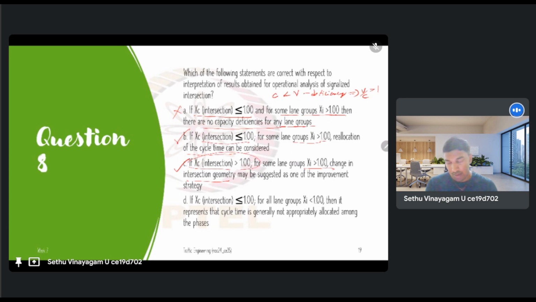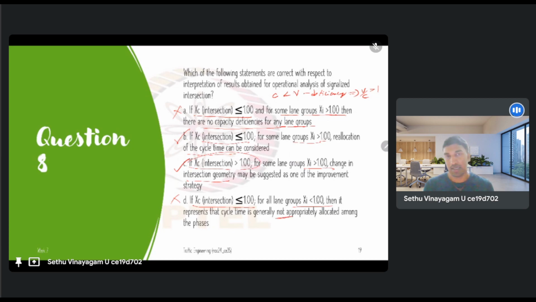And D, if Xc is less than 1 for all lane groups, Xi is also less than 1, then it represents that cycle time is generally not appropriately allocated among the phases. This is incorrect because the intersection is also fine, right? So every lane group is also fine, right? Which means our cycle time is fine, so it's not causing any excess delays. Therefore we cannot say that it is not appropriately allocated, right?